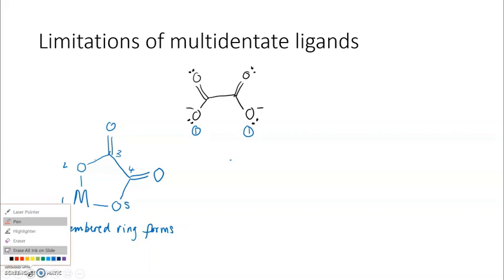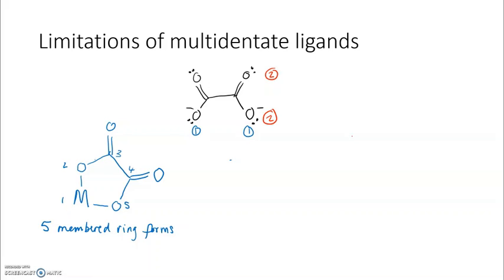Okay, now if you've been looking carefully at the complex, you might note that there is another pair of atoms that could be used at the same time to form a complex with a transition metal. So let's have a look at these two being used at once.